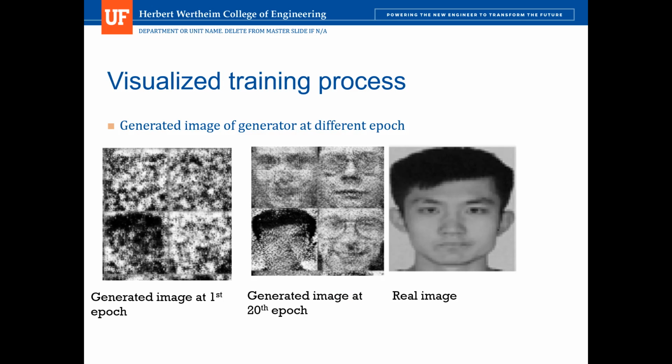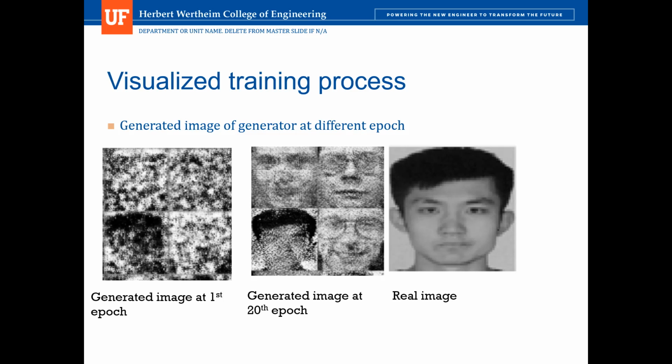Yeah, this is the realized training process. The left one is the generated image at the first epoch, and it has so much noise that you cannot believe it is a face image.